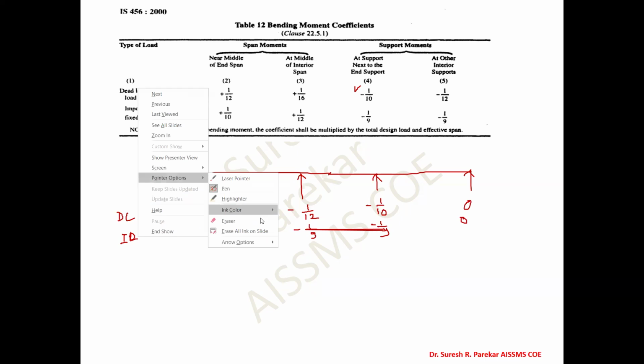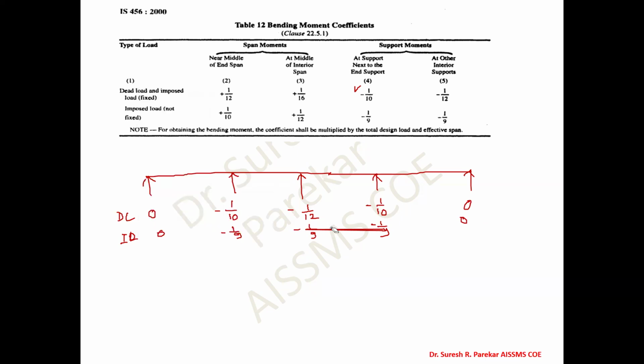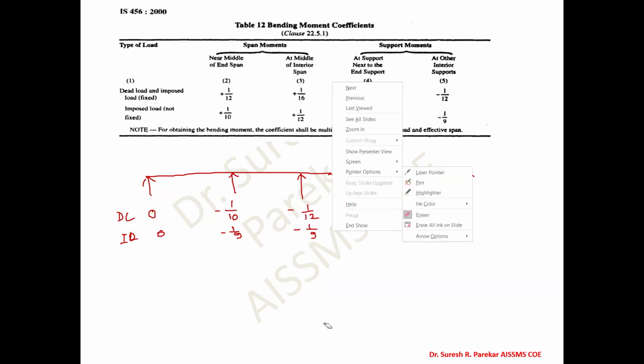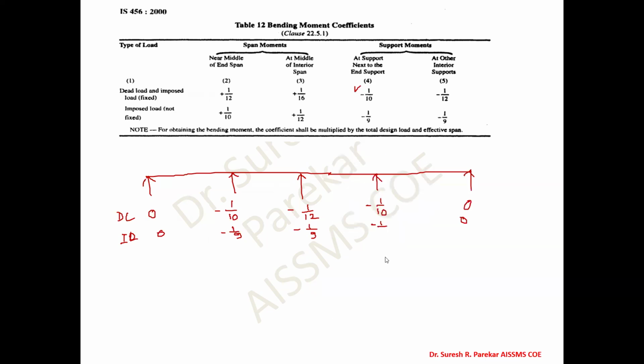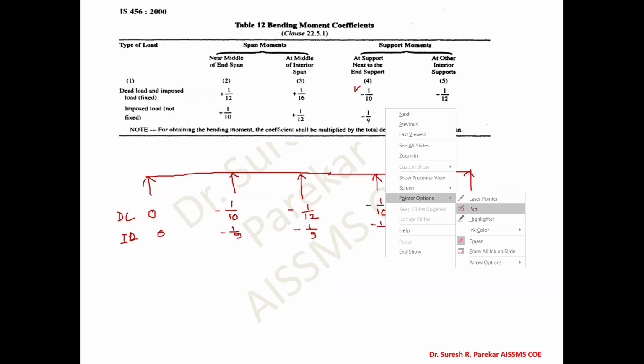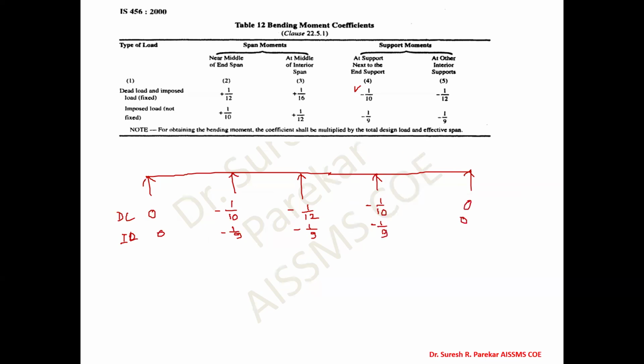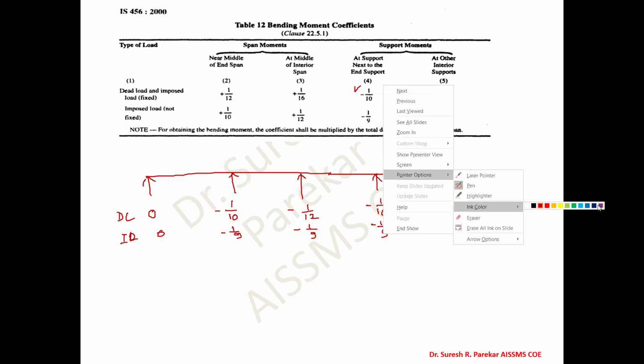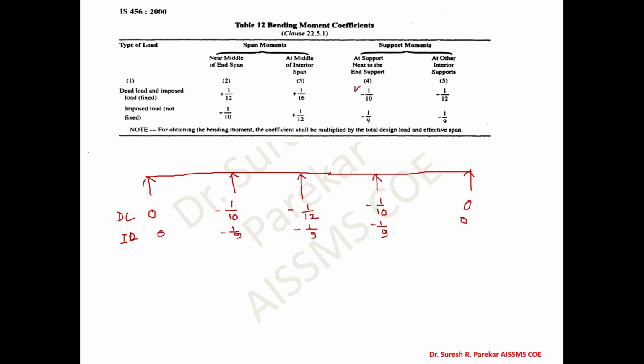If I will go for span moment, then for span moment, so we have this value minus 1 by 10, minus 1 by 9. Now, if I will go for span moment, then I have to draw these values in this fashion. So we have dead load.